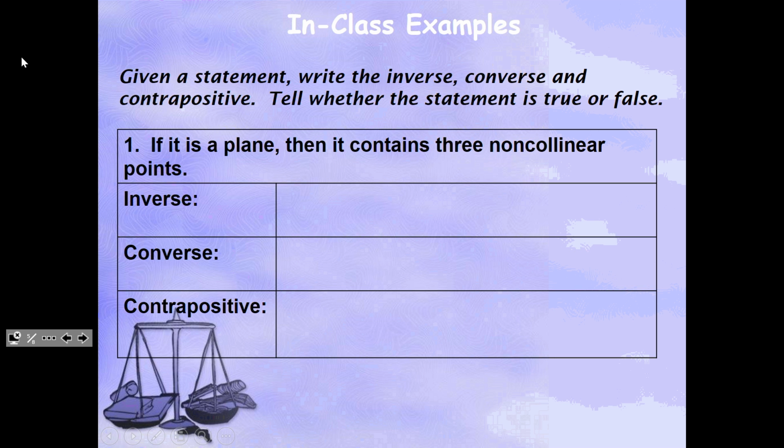That's going to be our conditional statement, our starting point. If I wanted to write the inverse of that statement, what do I need to add in? Knots. Very good. If it is not a plane, then it does not contain 3 non-collinear points.